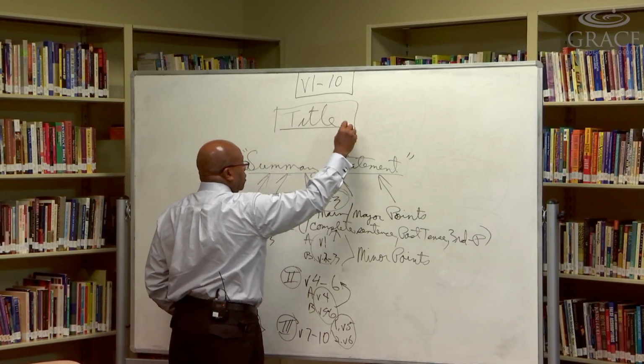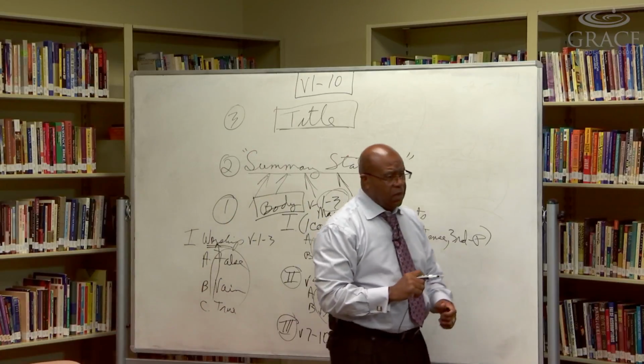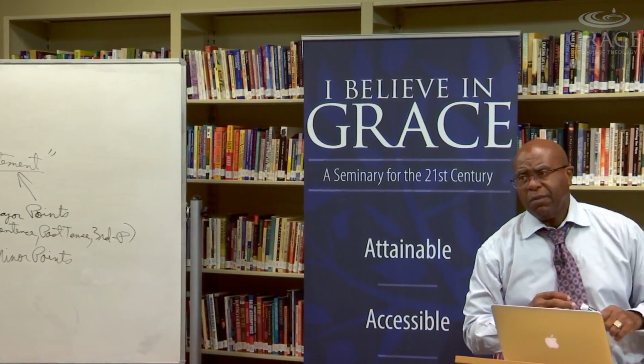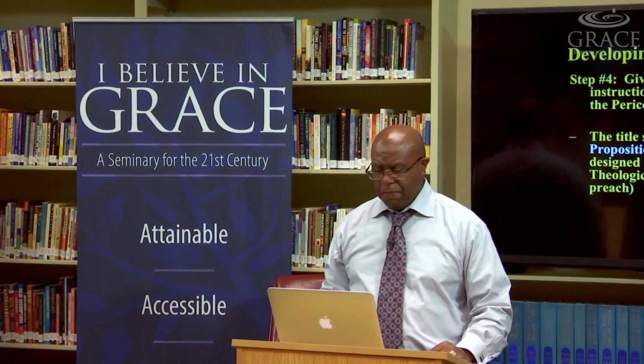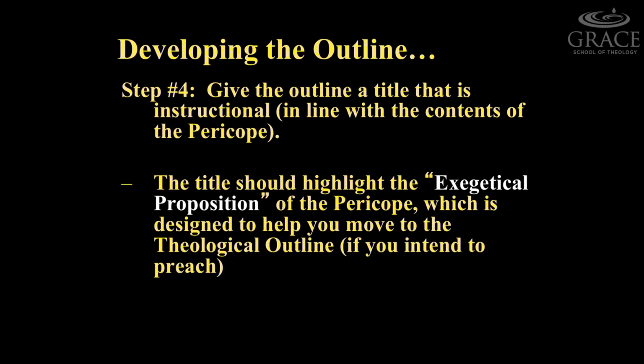So that step would be step 3. That's the last step. So we start out with the body, move to the summary statement, and then end up with the title. The title should highlight the exegetical proposition of the pericope, which is designed to help you move to the theological outline. And don't worry about that, because we're working with the exegetical outline.